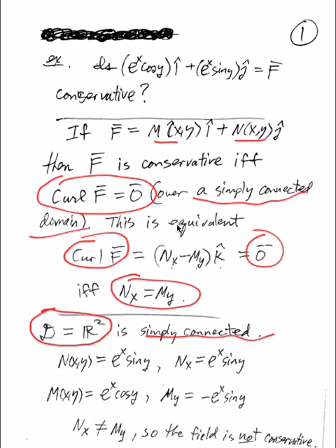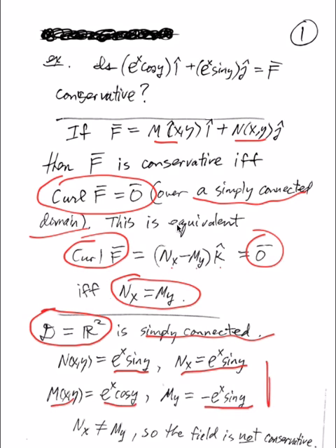Anyways, N of x, y equals e to the x sine y, so N sub x is e to the x sine y. M of x, y is e to the x cosine y, so M sub y is negative e to the x sine y.